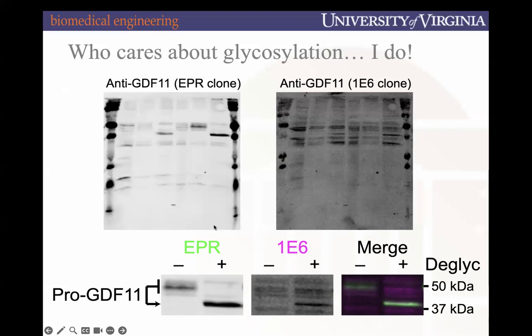That's true with both this monoclonal antibody for GDF11 and this one. The reason this matters is that a lot of therapeutics use monoclonal antibodies, and even in a research setting, these glycosylation events block these epitopes.